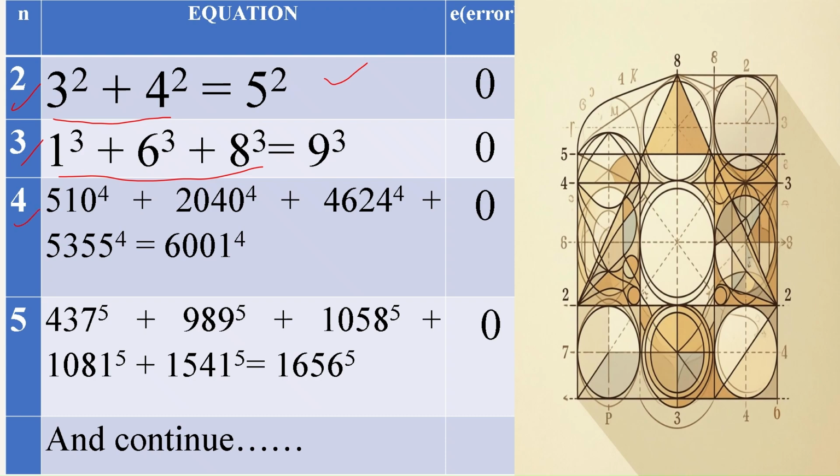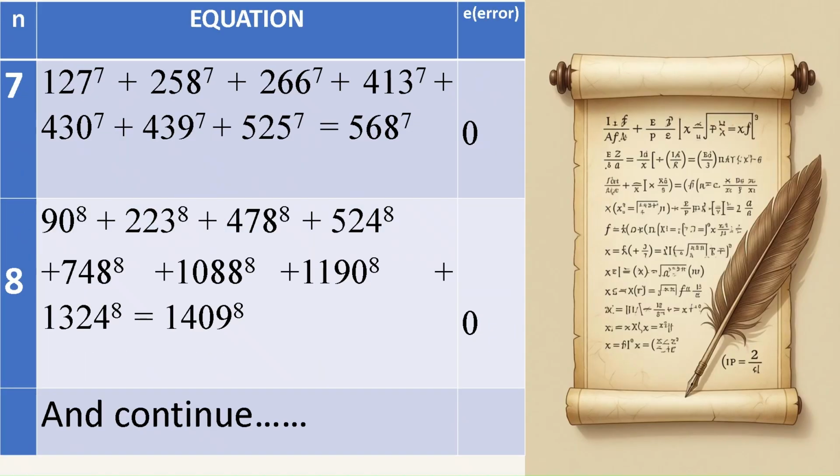For n equal to 4, we need 4 terms, and so on. In higher powers, it's true for all values also. It means for n equal to 7, we add up 7 terms, and for n equal to 8, 8 terms in ascending order.